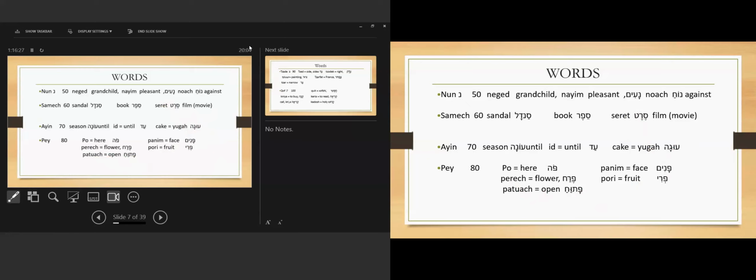ma'ochel. Now, ochel is to eat. Ma'ochel is food. Food. Ma'ochel, and the Hebrew word is A with the double dots and the patach.